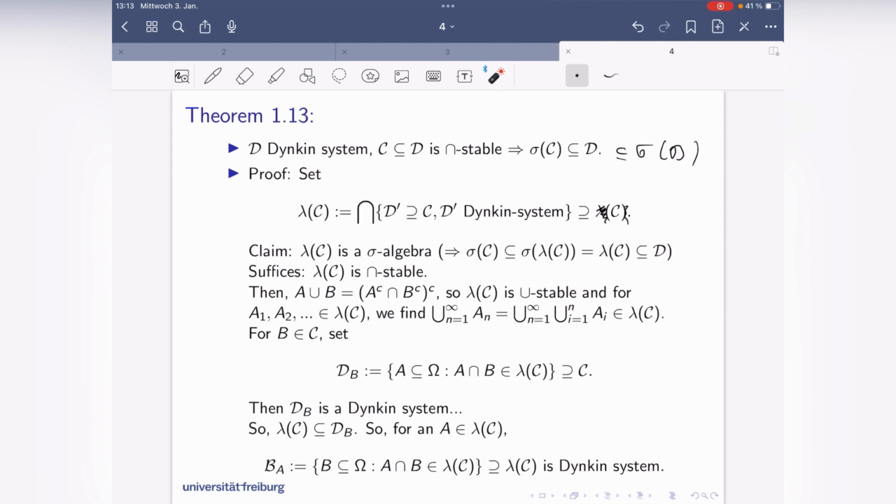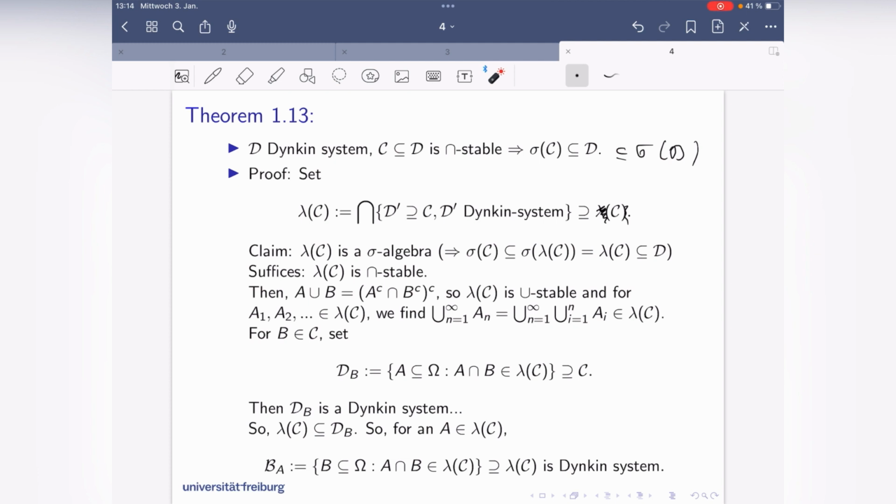So why is lambda of C a sigma algebra? What do we have to prove? I say it suffices to prove that lambda of C is intersection stable. That's all we have to prove, because then, first of all, if it's intersection stable, it's also union stable, because I can write the union like this here.